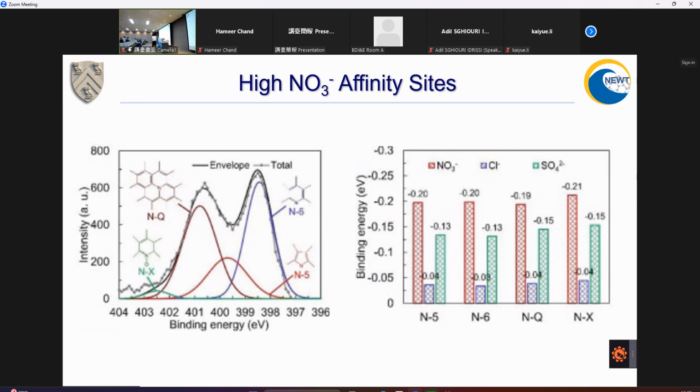Our DFT calculations show that these nitrogenous functional groups have very high affinity for nitrate compared to chloride or sulfate. These are the binding energies from DFT calculations showing how these nitrogenous sites bind to nitrate more strongly than chloride or sulfate. And that was primarily responsible for the high selectivity we saw in our electrosorption experiment.